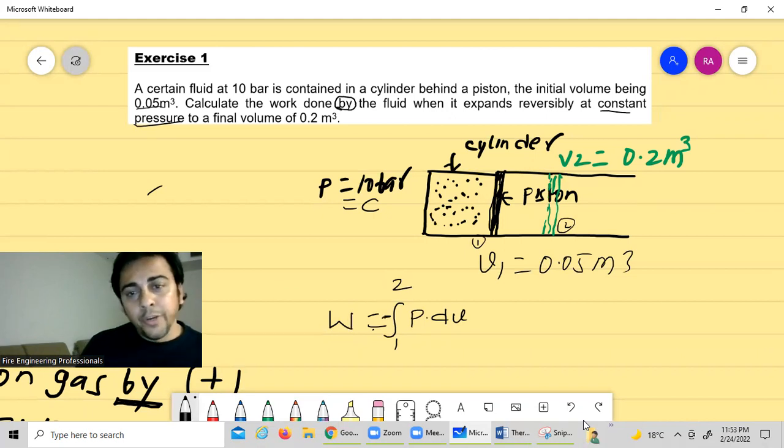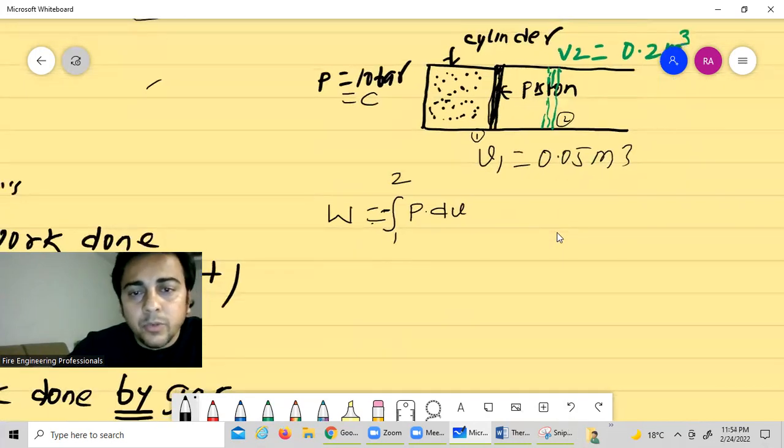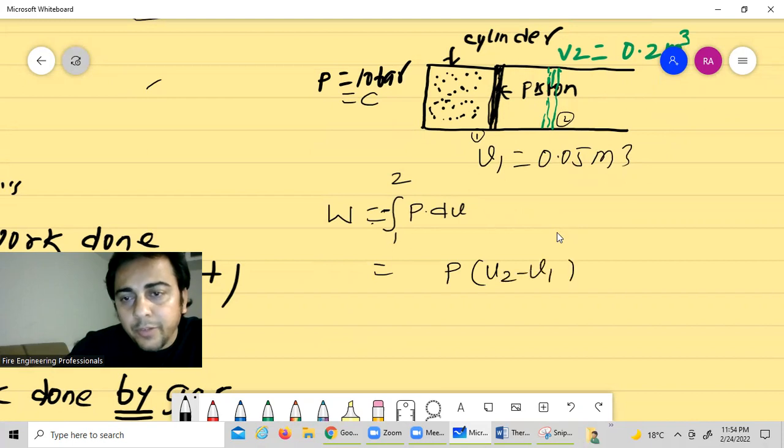So the fluid expends some energy to perform the job. It's a natural law. So if pressure is constant, we can further simplify this formula. We can write P times the bracket V2 minus V1. Because P is constant, the minus sign is still there.